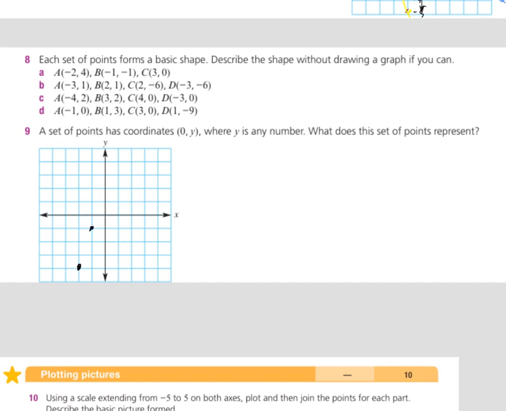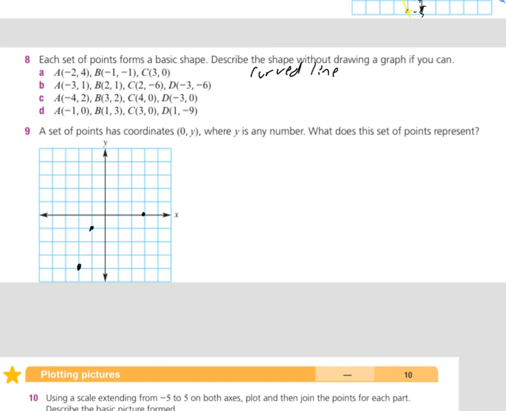And then it's got 3 and 0. 1, 2, 3. I'm not really sure what that is. A curved line, I guess. Curved line would be the shape that it is.